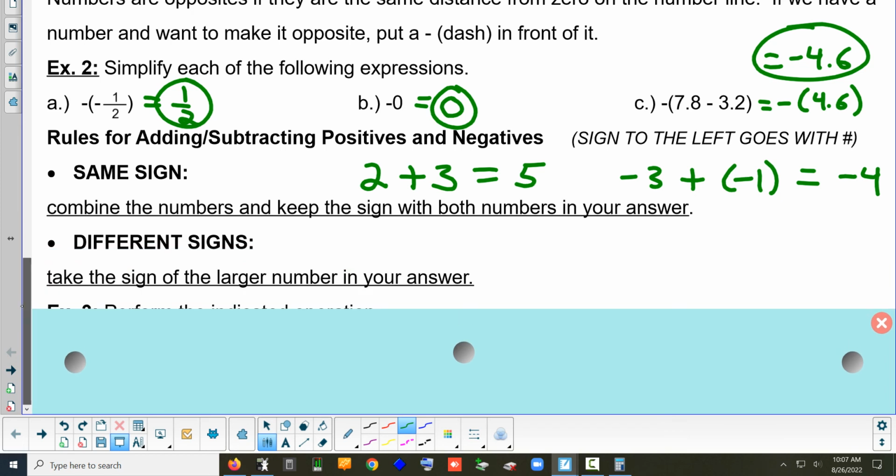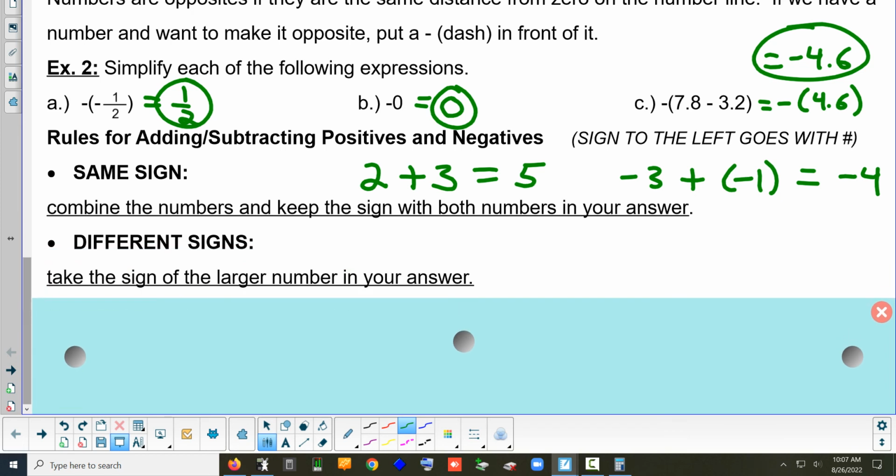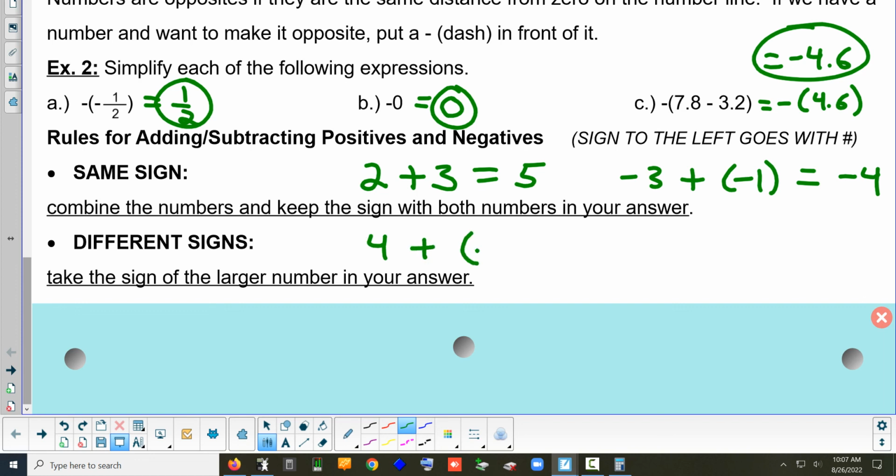Now if you have different signs, you take the sign of the larger number. So now you're going to add a positive number and a negative number. Well, which one is going to win out? Whichever one is bigger. So let's say you had a 4 plus negative 1. Which number is bigger there? Positive 4 or negative 1?